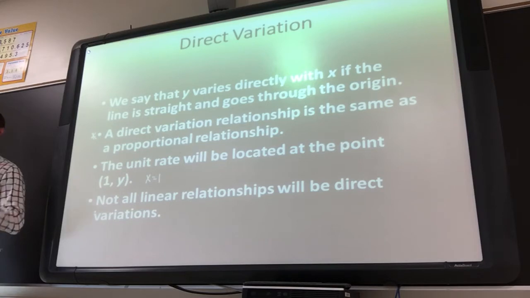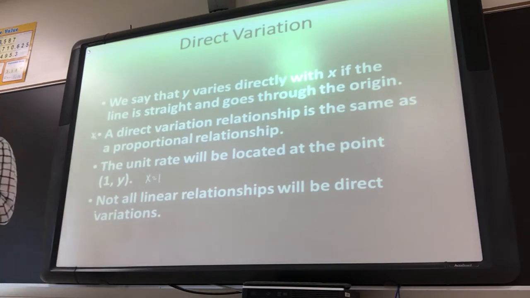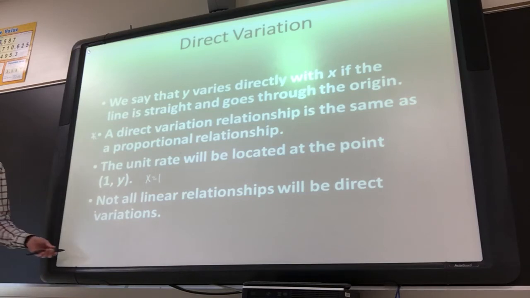What's the second criteria? Straight line. So it could be a straight line, but it doesn't go through the origin. And so just because it makes a straight line doesn't mean it's going to be a direct variation. We still have to graph it and make sure that both of those criteria are met.